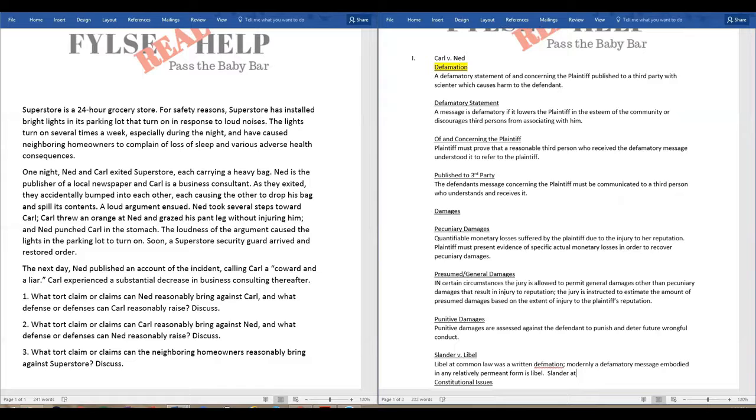Slander, at common law, was defamation which was spoken, and modernly, a defamatory message not preserved in permanent form.